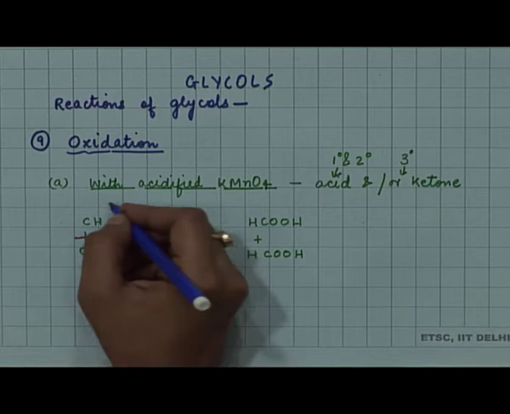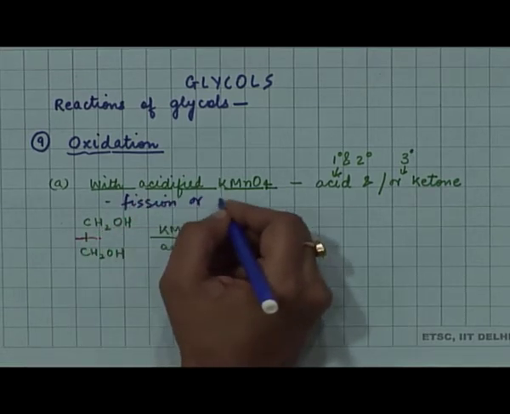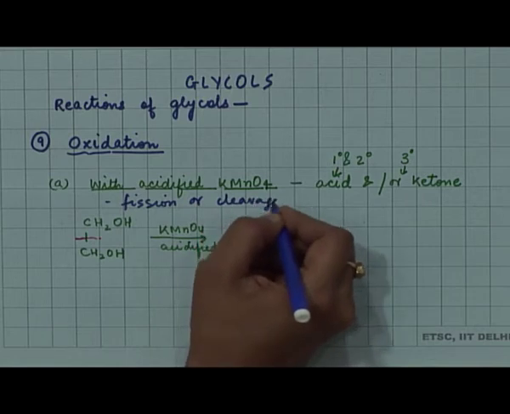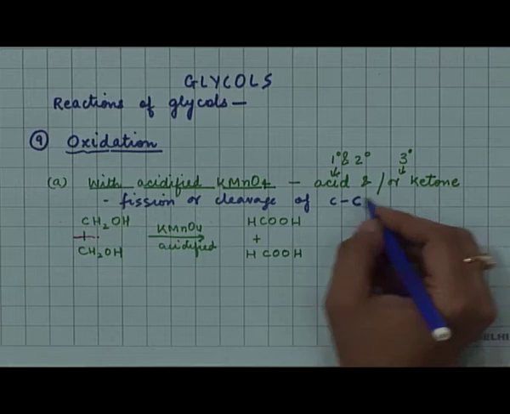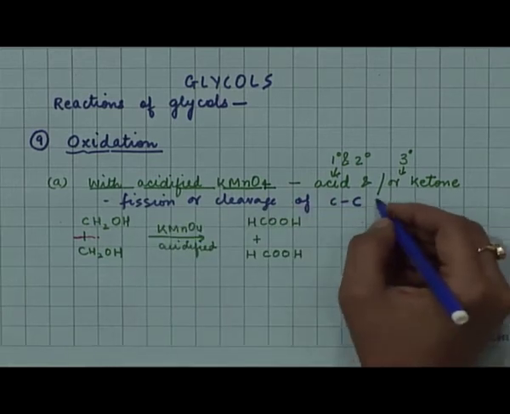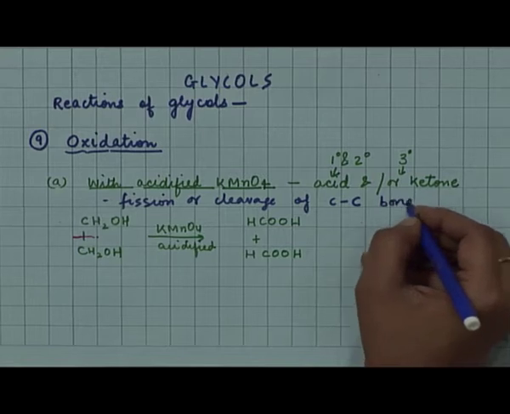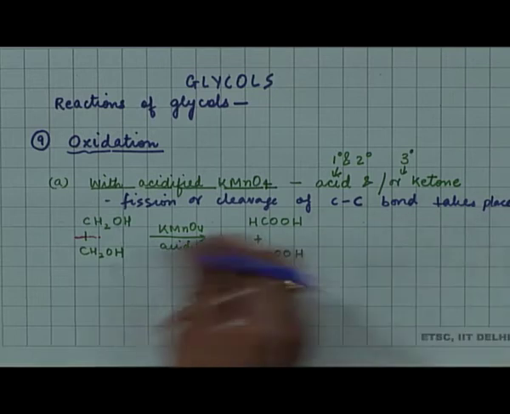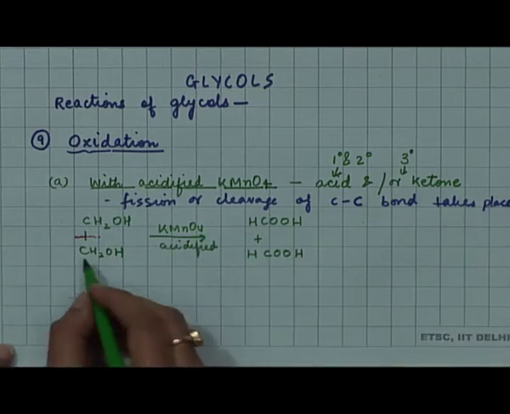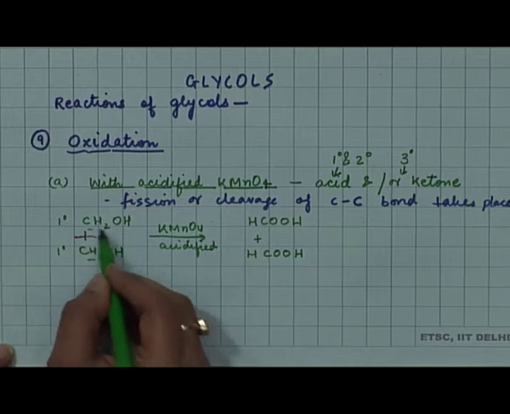So, there is this fission or cleavage of the carbon-carbon bond between the 2 carbons containing the hydroxyl groups. This is what happens. So, this is a case when both of them are primary in nature.